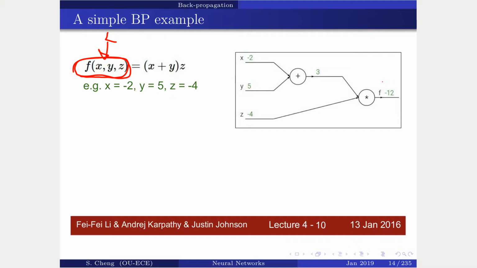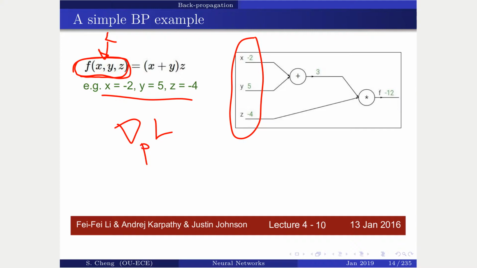Now, let's say we have some inputs here. By the way, we always say we find the gradient of the loss function with respect to some parameters, or the partial derivative of the loss function with respect to some parameter.